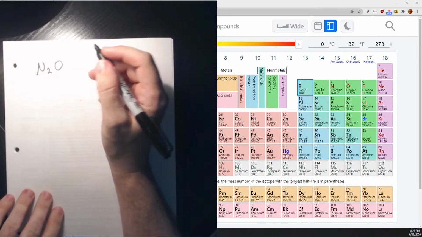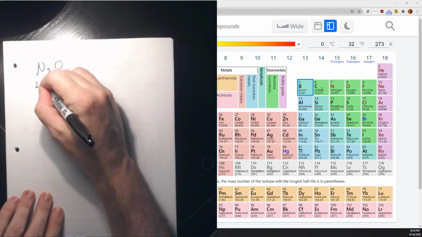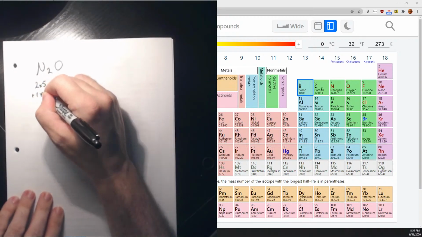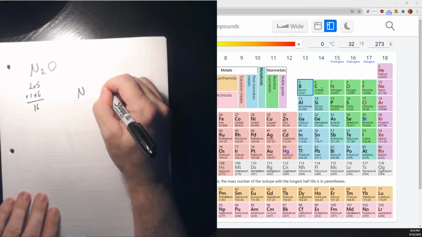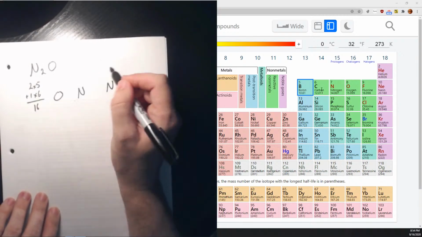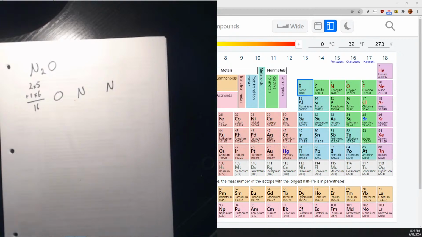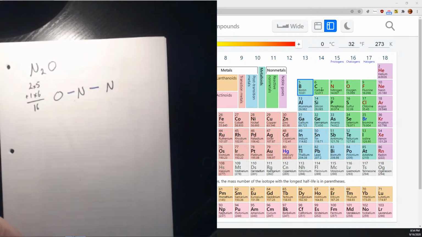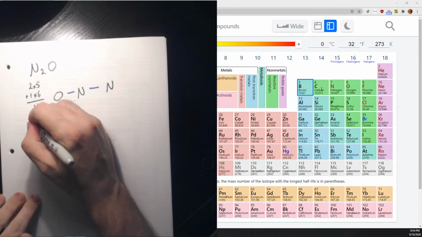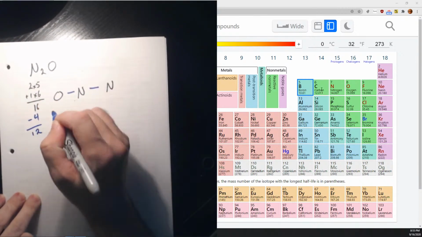We have a total of 16 electrons to play with. 2 times 5 plus 1 times 6 equals 16. Nitrogen in the middle with a nitrogen on one side, oxygen on the other. Then we draw a single bond to either side. That uses up 4 of our electrons, so minus 4 leaves us with 12.